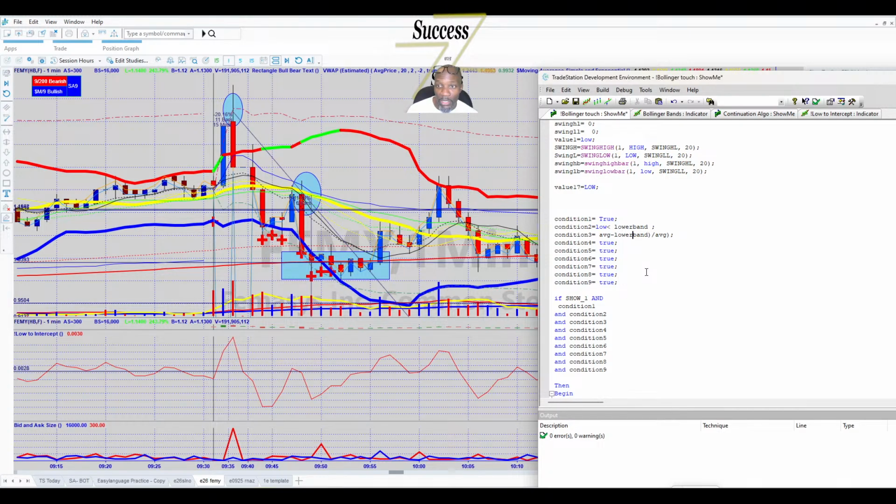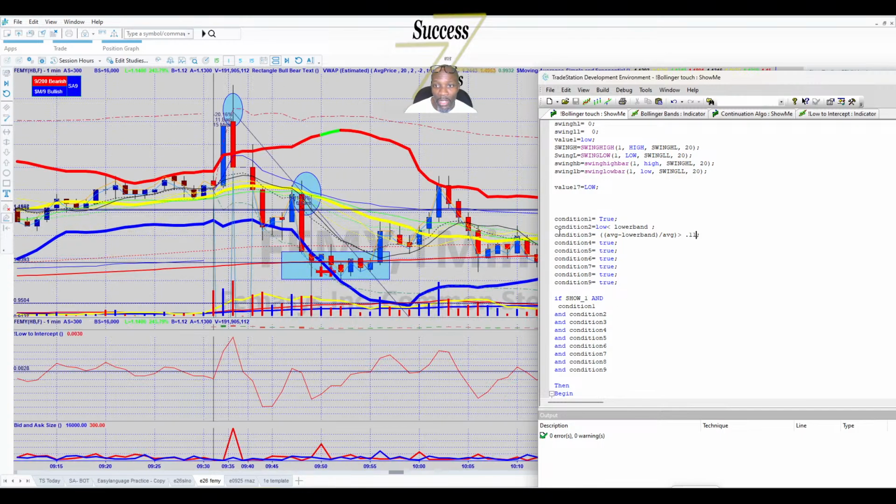Gotta put your parentheses where they're supposed to be, otherwise your order of operations is off. All right, so your average minus your lower band over your average has got to be greater than, let's say 11%, so 0.11. We verify that.